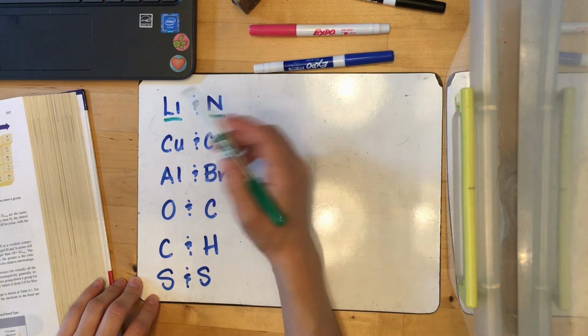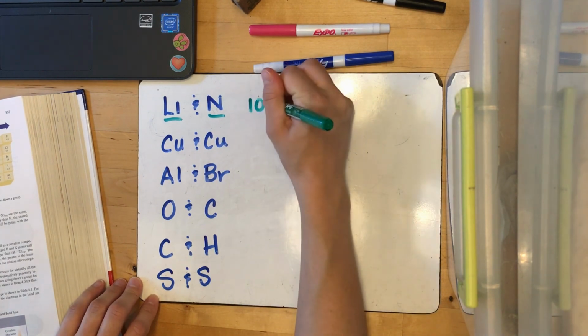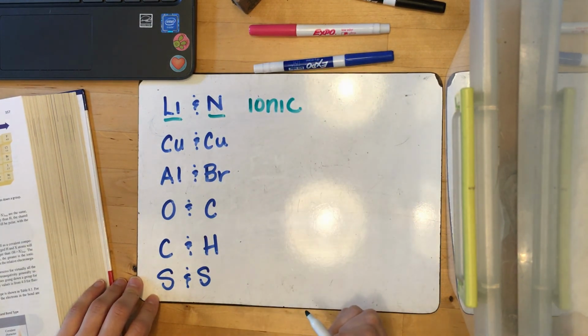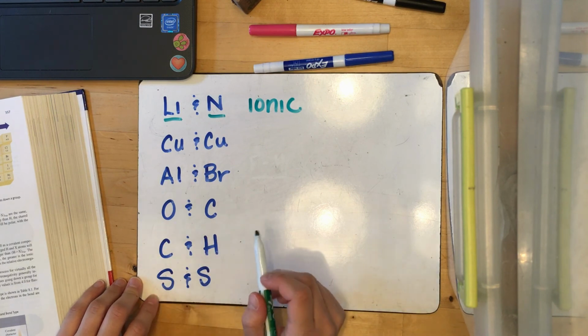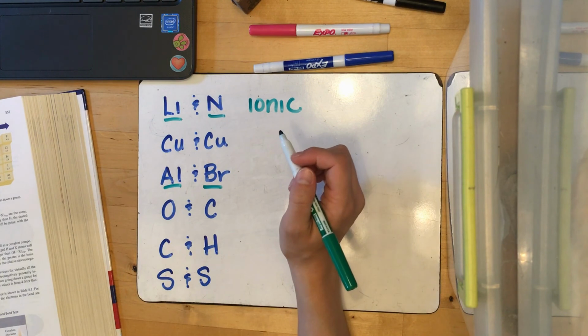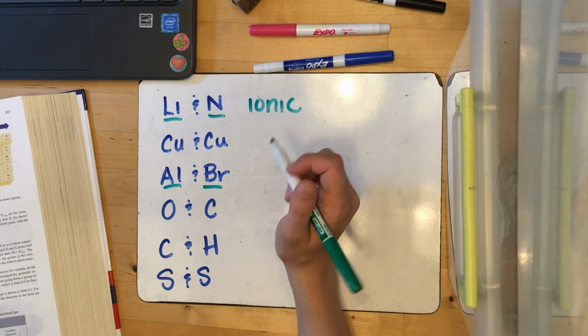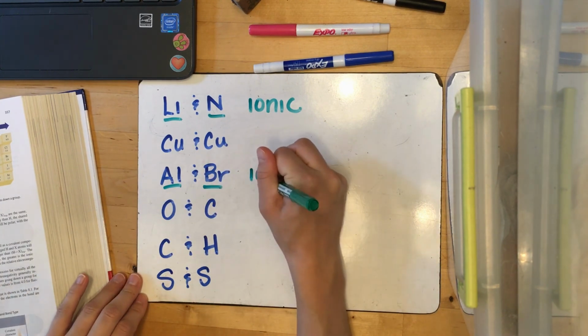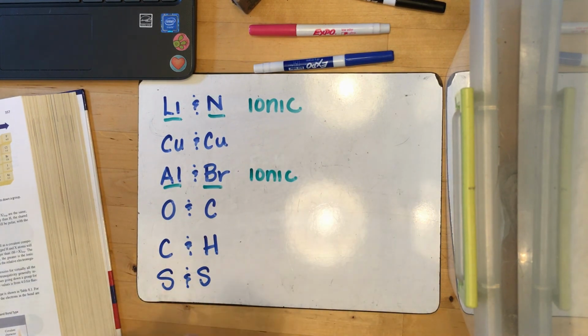Metal plus nonmetal means it'll be ionic. The only other one that has a metal and a nonmetal is here, aluminum and bromine. So again, we have a metal and a nonmetal, so we're going to have an ionic bond.